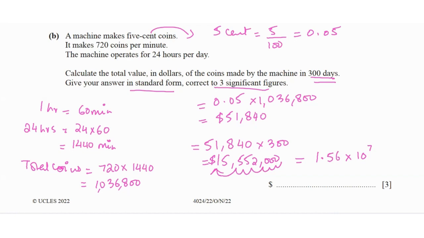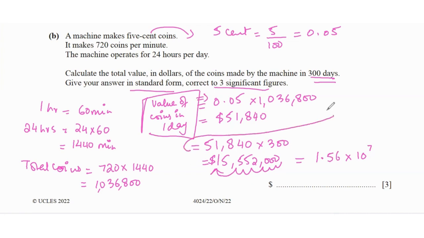We multiplied $0.05 with the total number of coins, which gave us the value of coins produced in 1 day. To find the value of coins in 300 days, we multiply the 1 day value with 300, and that gives us this answer. And we converted this into standard form, correct to 3 significant figures. And we're done with that.